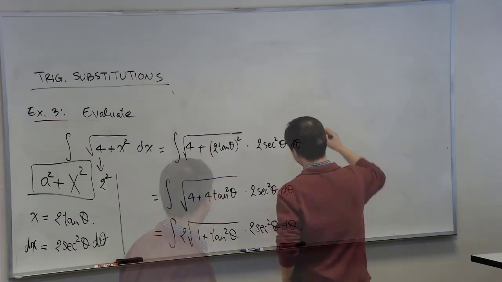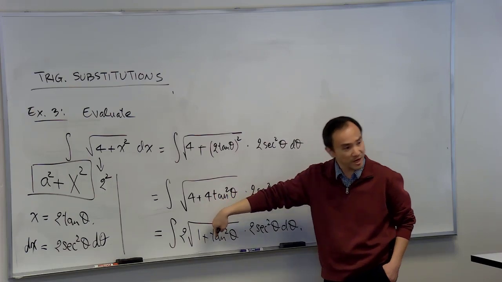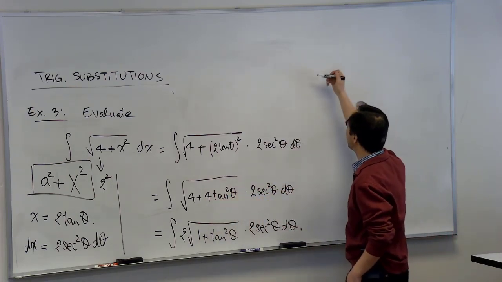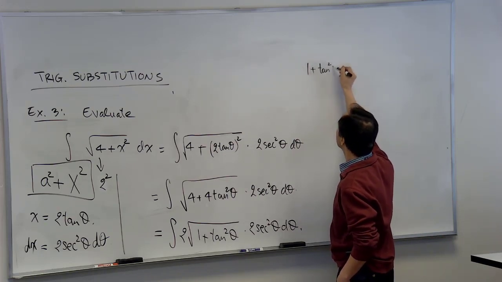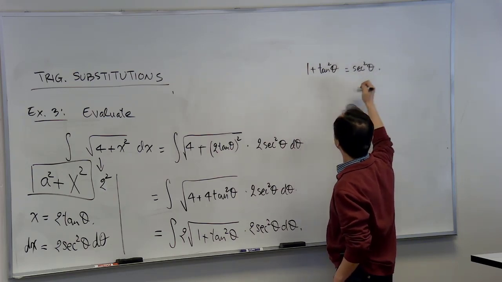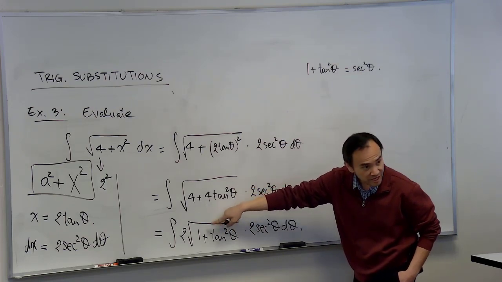Okay. From trigonometry, 1 plus tangent squared is equal to secant squared θ. So we're substituting secant squared for that expression inside the square root.